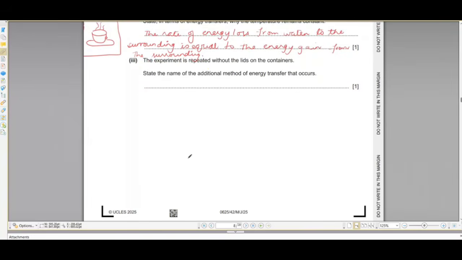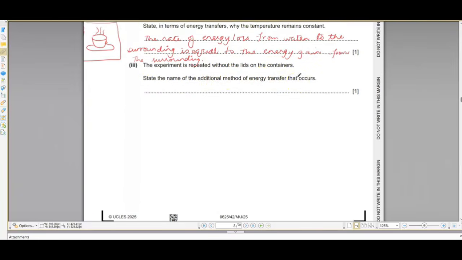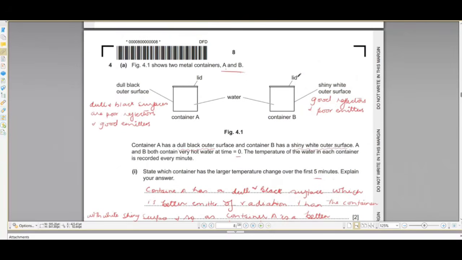Third part: the experiment is repeated without the lids on the containers. State the name of the additional method of energy transfer that occurs. When the lids were on, there was no other way of energy transfer. The only way that remained was radiation. But now when the lids are off, there is another method.